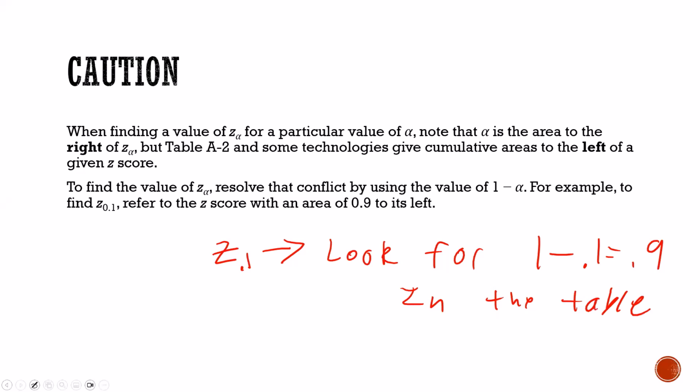I promise I'm not just going to ask you to look for z of something. I will write it in words, something like, find the z-score such that the probability going over it is 10%. So just remember that.